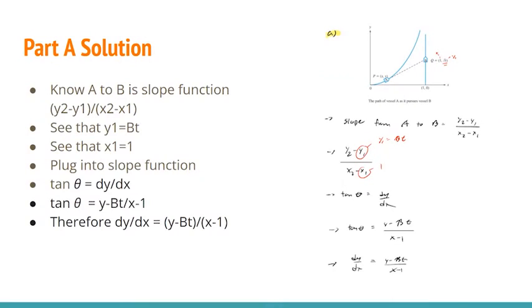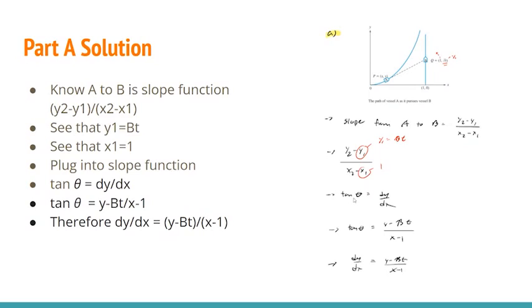To solve this problem, we know that the slope function is basic: y2 minus y1 over x2 minus x1. We can see that y1 is beta t from Q, and x1 is 1. So all we have to do is plug it into the slope equation. The question also gives us the tangent line.